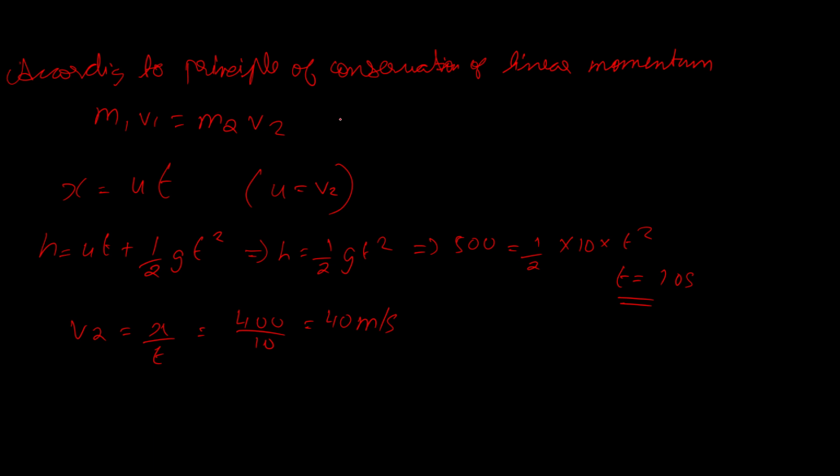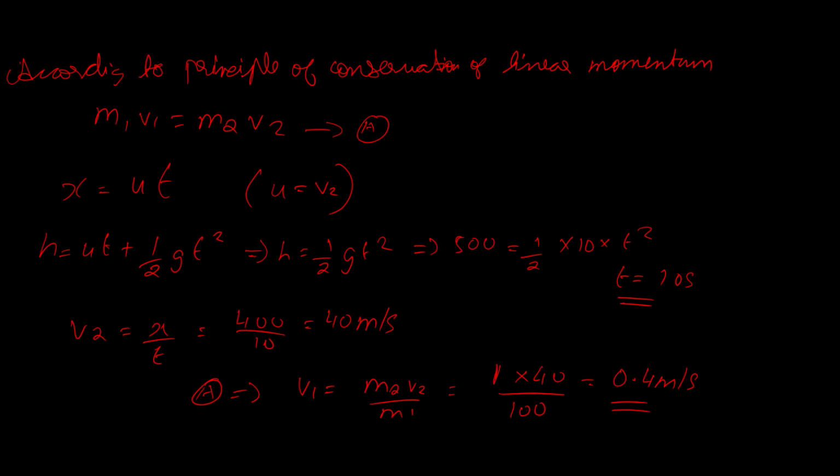So you can write this as equation number A. Equation A implies v1 equal to m2 v2 by m1. What is m2? 1 into 40 divided by 100. So the answer is 0.4 meter per second.